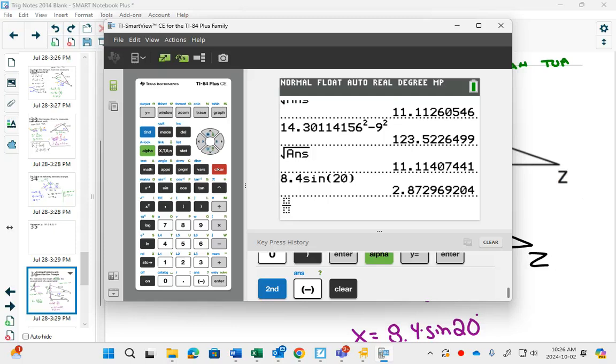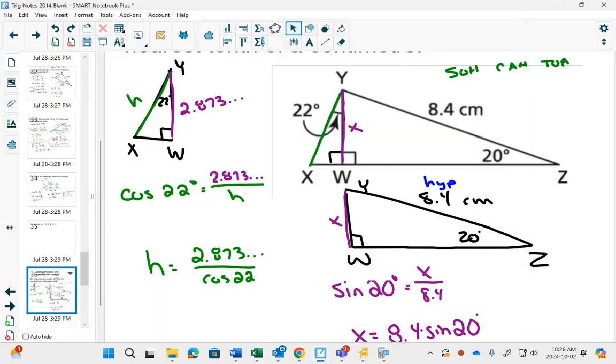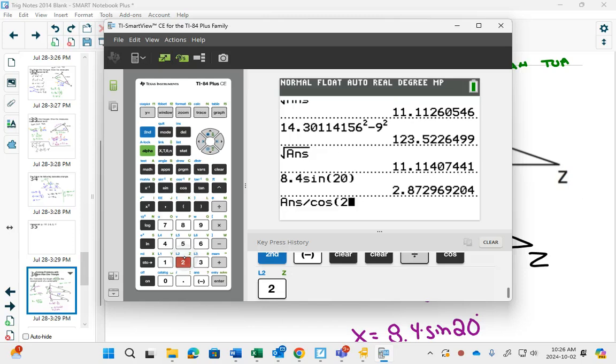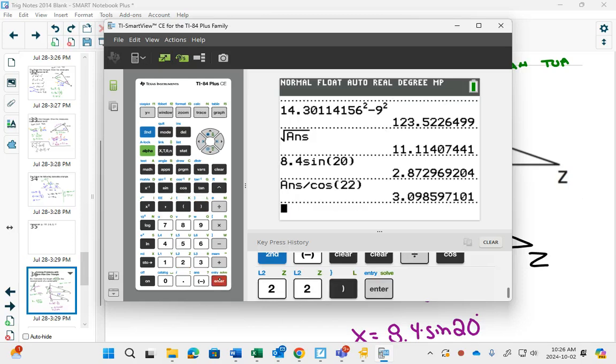Here, I'll show you what that looks like. If I cleared everything out and I just hit the divide button, my answer automatically shows up, which is nice because then you're not rounding early. So I'm going to take that answer and divide it by cos of 22. Push enter, 3.0985.